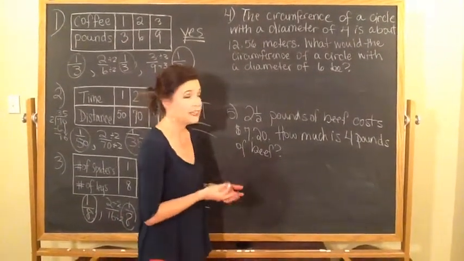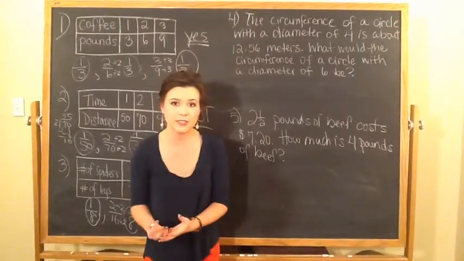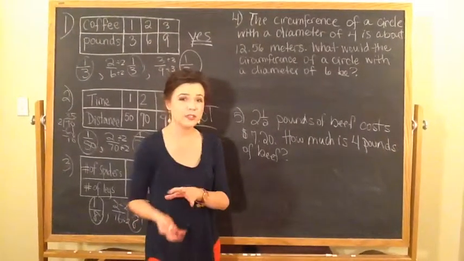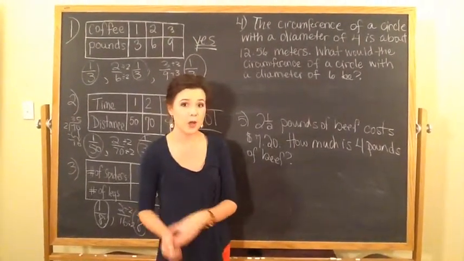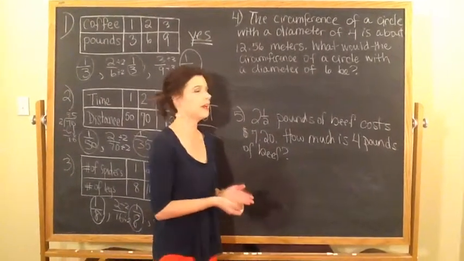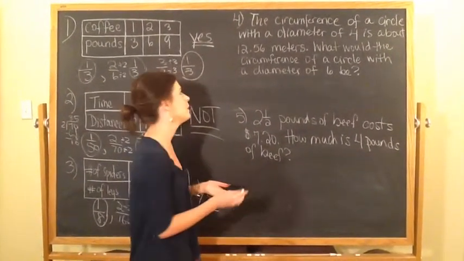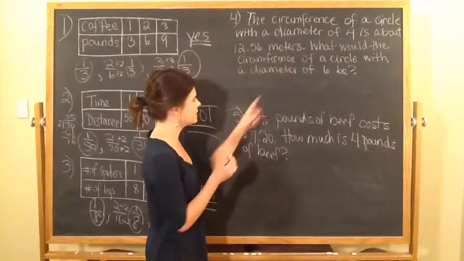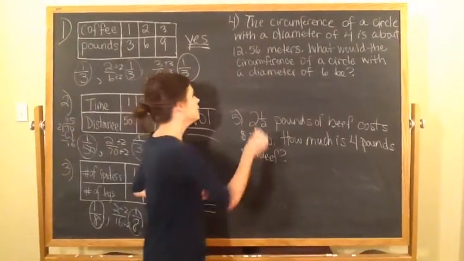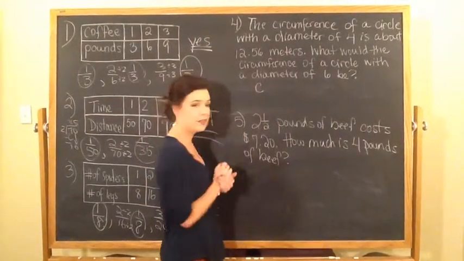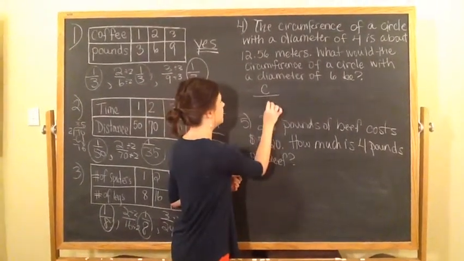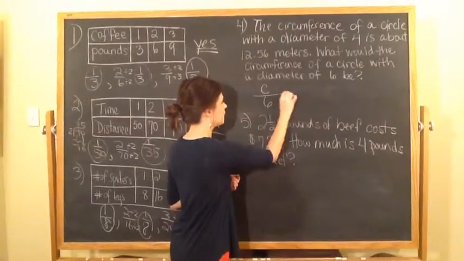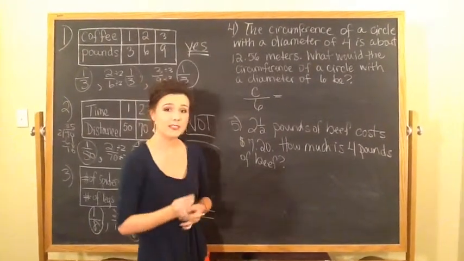So in this case, we're comparing the circumference and the diameter. We're using that information to come up with a proportional circle and a proportional diameter. We're looking for the circumference of a circle with a diameter of 6, and we are given the information about a different circle.